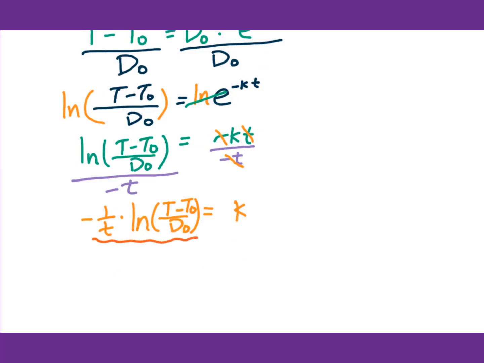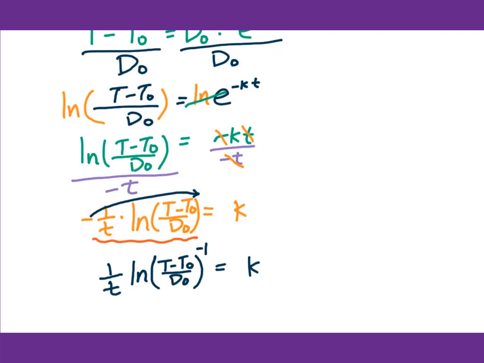But if you want to keep moving, for this negative sign, I want to change it into an exponent. You will get 1 over t natural log of t minus t sub 0 over d sub 0, then it's to the negative first power.